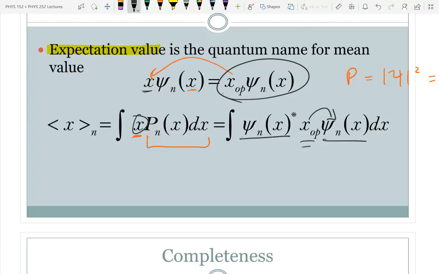For momentum, the momentum operator is equal to h bar over I d dx. So if I want to find the expectation value for momentum, what do I need to write down?